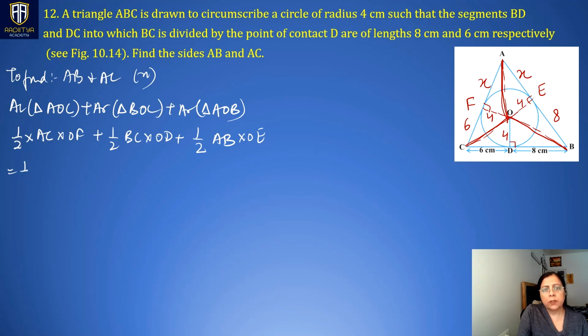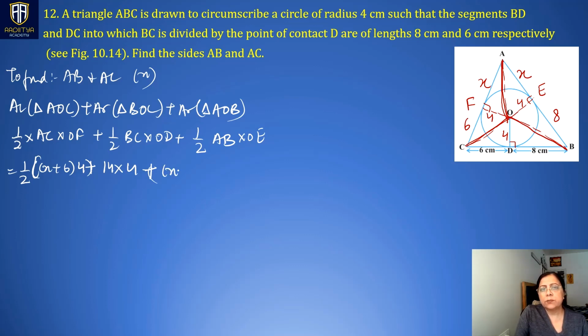You can see half is common. OF, AC is what? AC is X plus 6 and OF is 4. This is the radius. And then we have half BC. BC is 8 plus 6, 14 multiplied by the radius which is 4, added to AB.